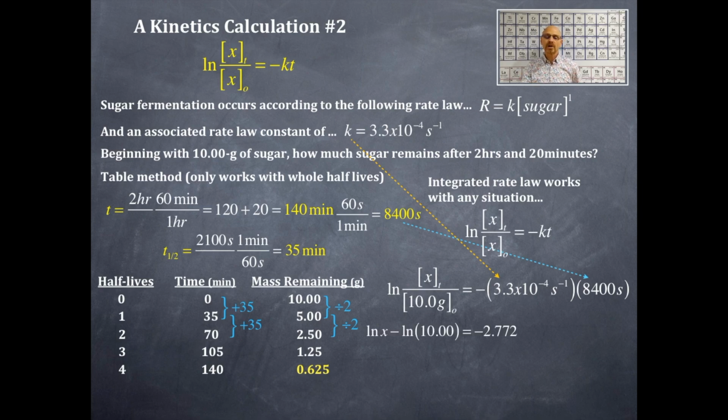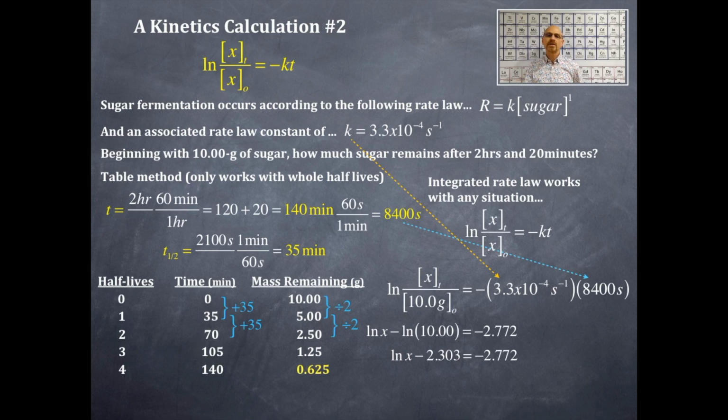So natural log of x of t minus natural log of 10 is equal to negative 2.772. Now we need to get the natural log of 10. So you're going to get your calculator out, plug 10 in there, hit the natural log button, and bam, you're going to get a number. That number is 2.303.